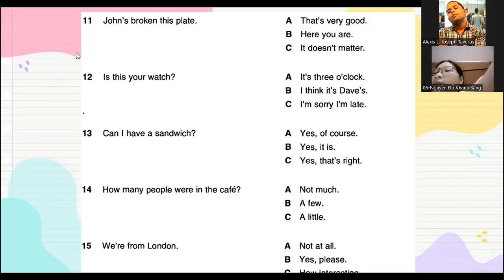Let me see. Is this your watch? I think it's Dave. Can I have a sandwich? Yes, of course. How many people were in the cafe? Which one do you think it's going to be? Dave. Look at that. Is this your watch? It's 3 o'clock. I think it's Dave, and I'm sorry I'm late. Which one?